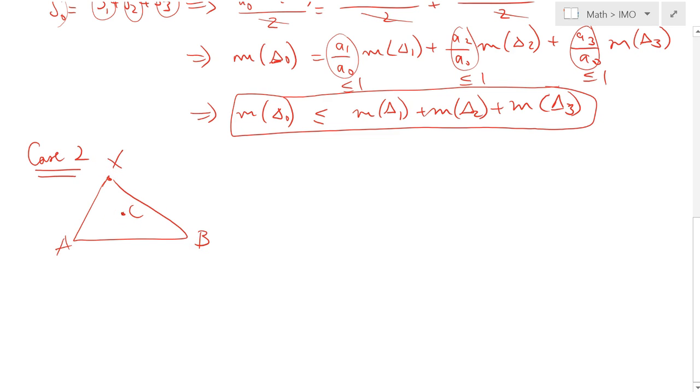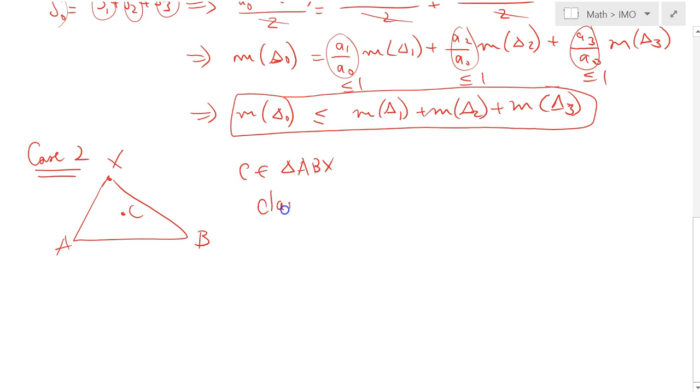So what would happen now is that C is inside triangle ABX, and now I make the following claim.